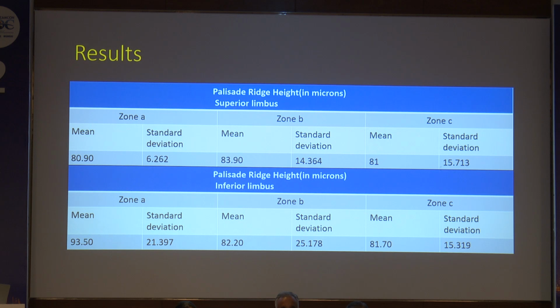The mean value of the superior limbus in zone A was 80.90, zone B was 83.90, and zone C 81. In the inferior limbus, it was 93.50, 82.20 in zone B, and 81.970. As is described in anatomy, inferior palisades of Vogt are thicker as compared to the superior palisades of Vogt.